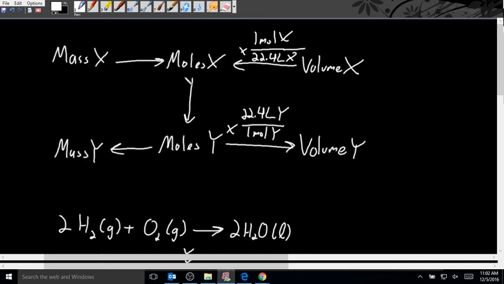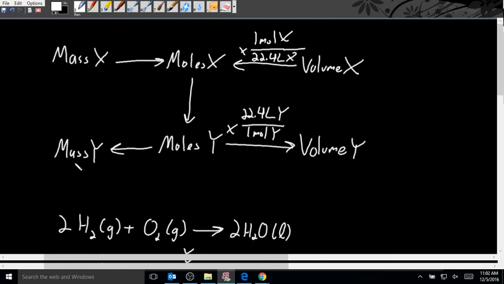We've been doing mass to mass, mass to moles to moles to mass. But now we can go volume to moles to moles to volume. We can go volume to moles to moles to mass. We could go mass to moles to moles to volume. We could go volume to moles to moles. We could go moles to moles to mass.